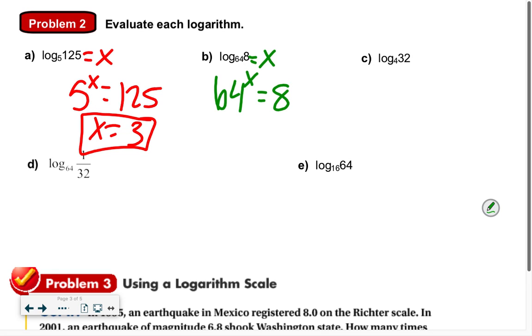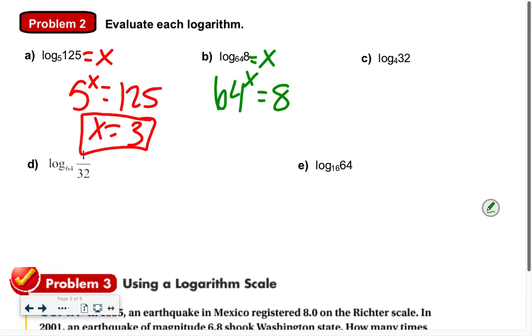Anybody got a guess on what x should be? Negative 2? Half. Okay. 64 and 8. Do any of them have a common base? What's another way to think of 8 using exponents? 2 to the third power. Can I rewrite 64 as 2 to some power?